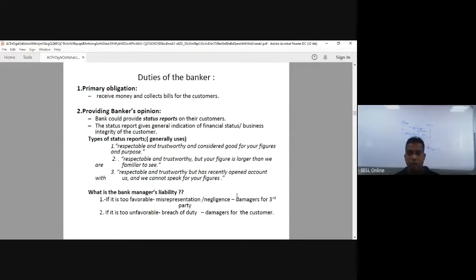That is the answer given by the bank officers. Actually, the banker's opinion is not that. I will explain with an example, then you will understand what banker's opinion is. It's like this.